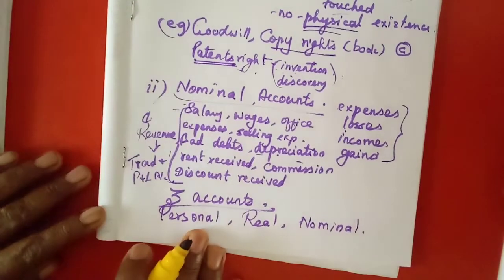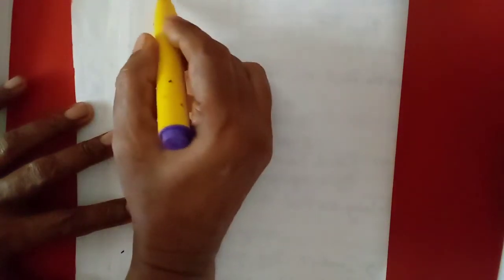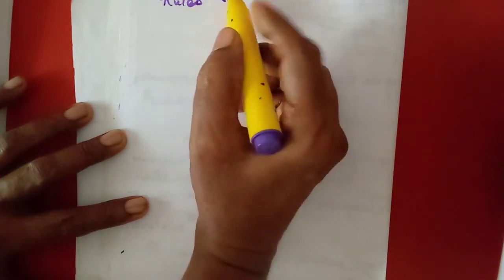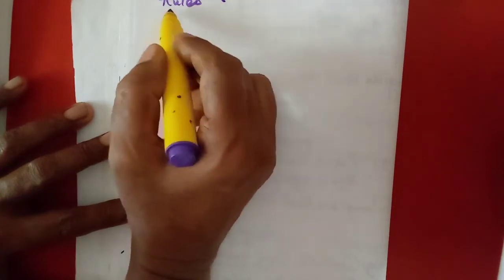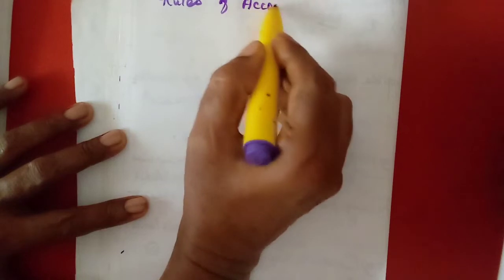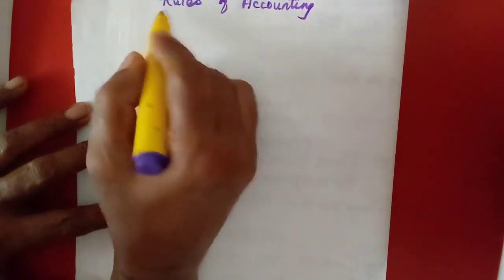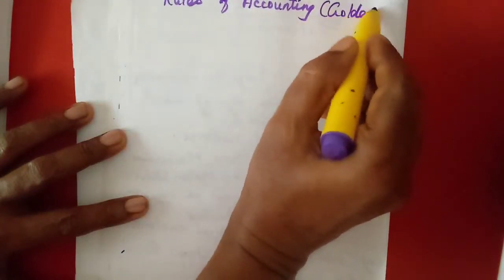Now we will learn the rules related to account, that is, debit and credit. These rules are called golden rules of accounting, or simply rules of the double entry system of bookkeeping.